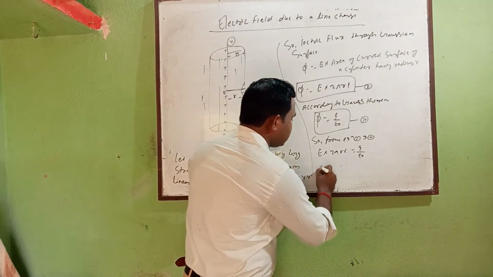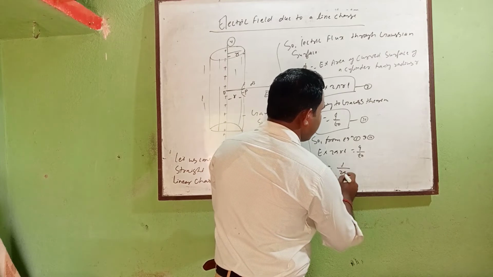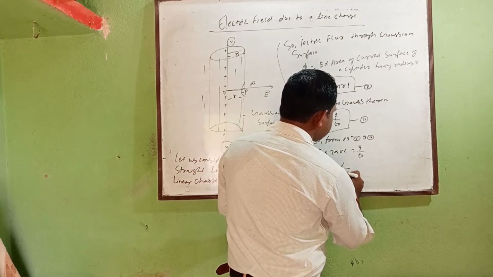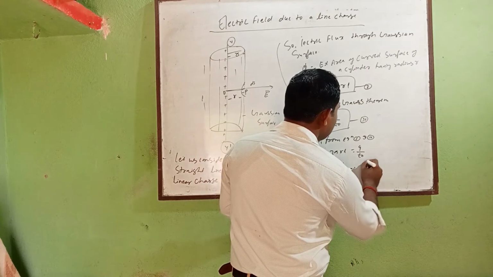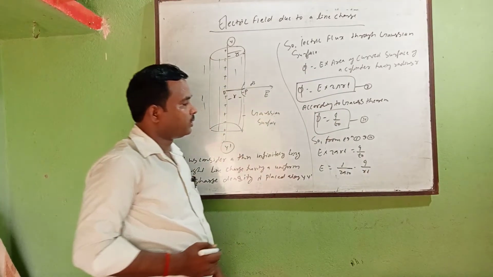So E is equal to 1 by 2 pi epsilon naught into q by RL. Very good.